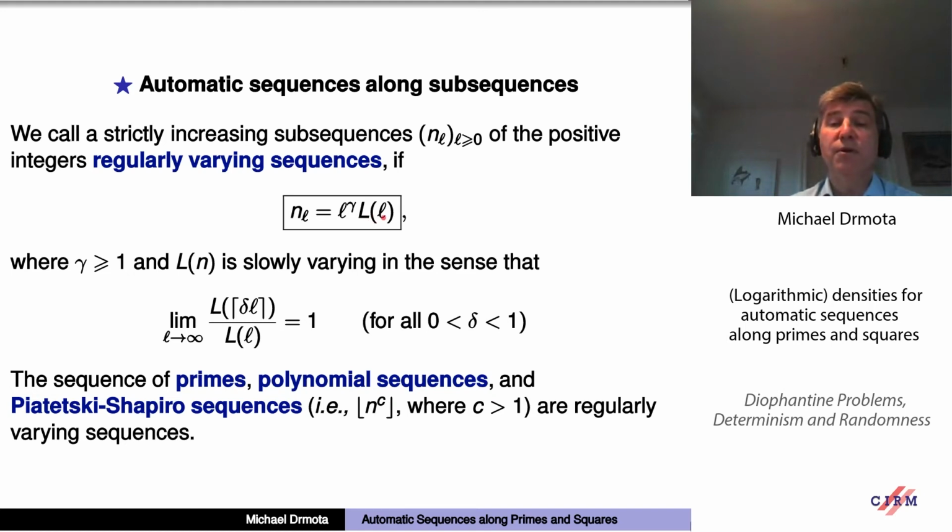For example, log L, where slowly varying means that if we take a linear multiple of L and compare the result with L, then the behavior of this slowly varying function is almost the same, so that they are asymptotically equal. If we have a sequence of this kind, we call it regularly varying.